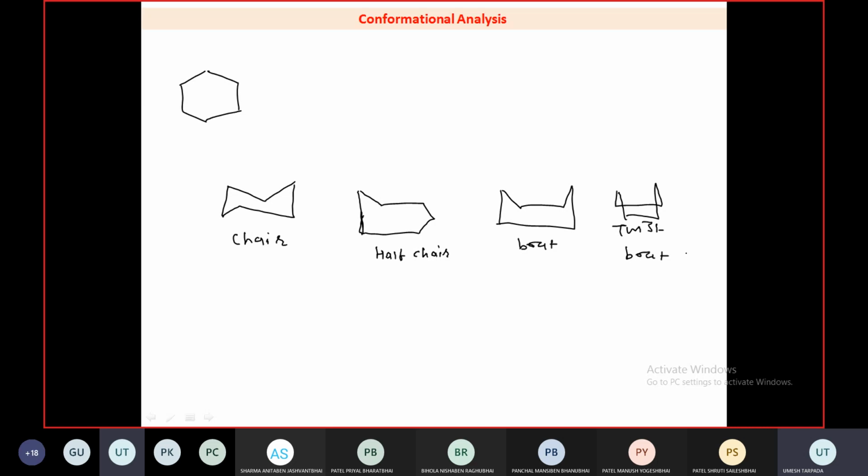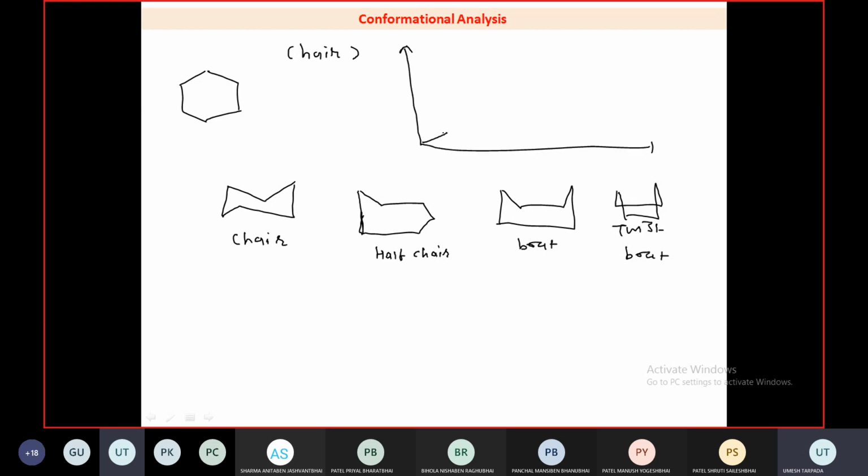Highest stability is exhibited by which form? See, chair form is more stable. You can give the rotation. So chair form is highly stable. Now if you give the rotation, the chair form is converted to half chair. See, this is the energy profile diagram.